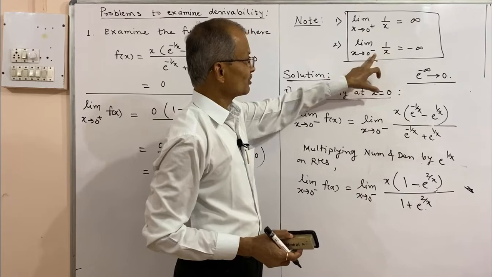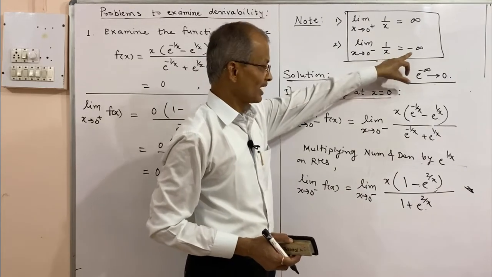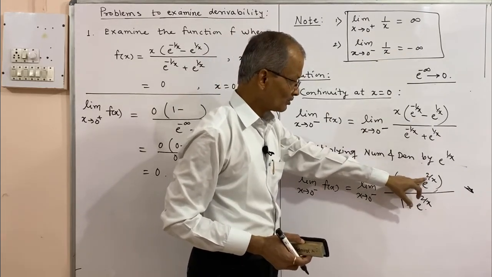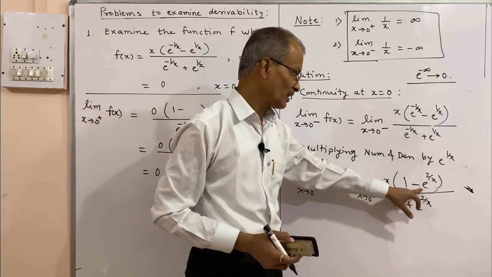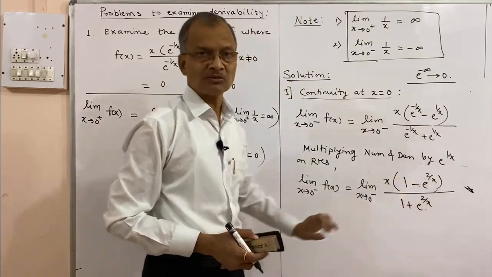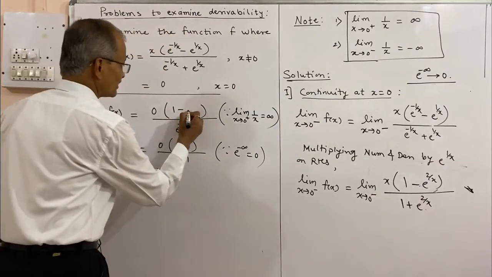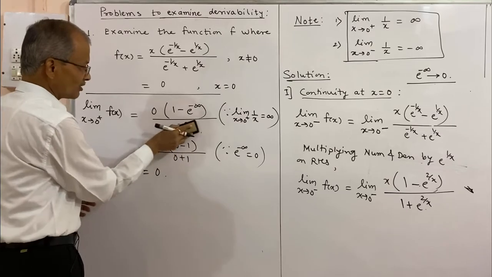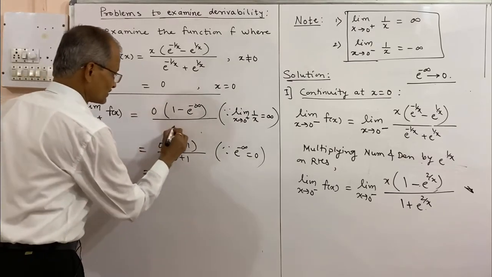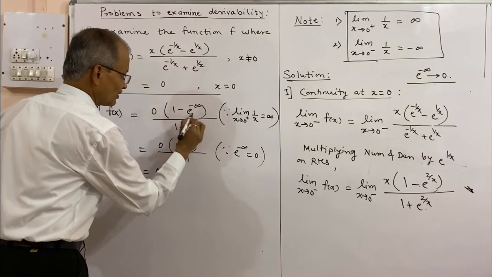As x tends to 0 from left, it is minus infinity. So this is 2 into minus infinity, but 2 into minus infinity is again minus infinity. So therefore this becomes e raised to minus infinity. And similarly the denominator is 1 plus e raised to minus infinity.